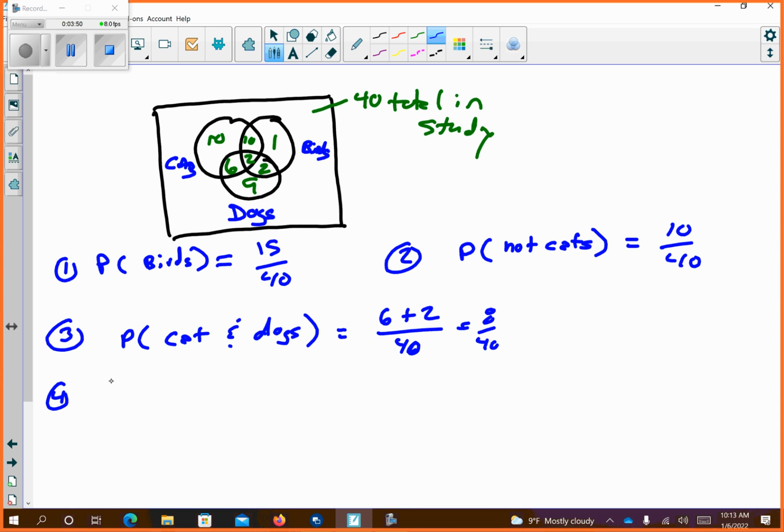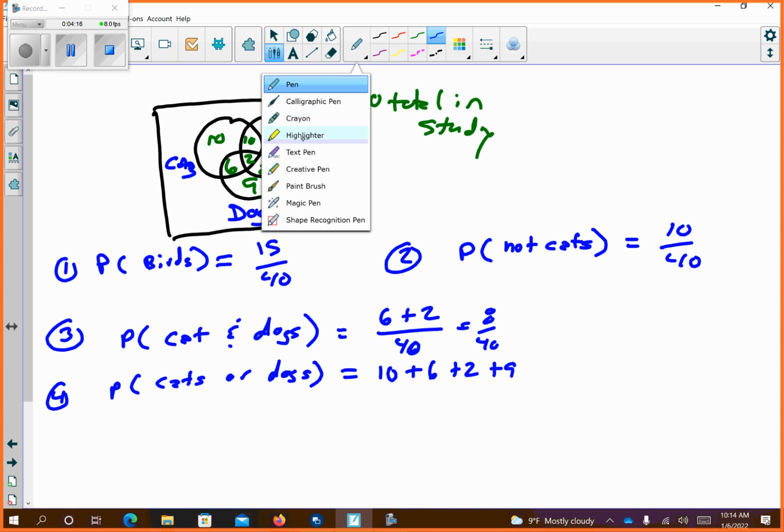Number 4, probability the student likes cats or dogs. Okay? So the cat person is a 10. They like both. You include the people in the middle. You include the 9 that are dogs. Hang on, I gotta see if I can do this right.